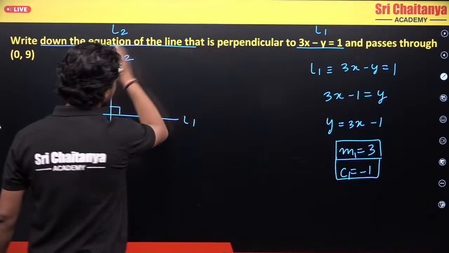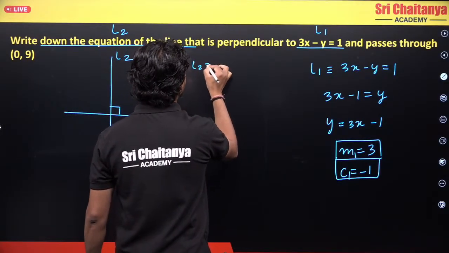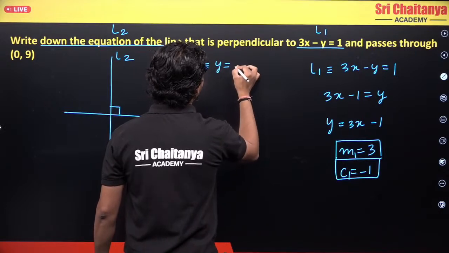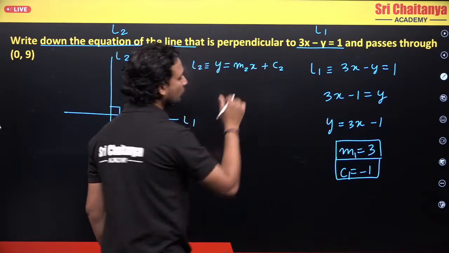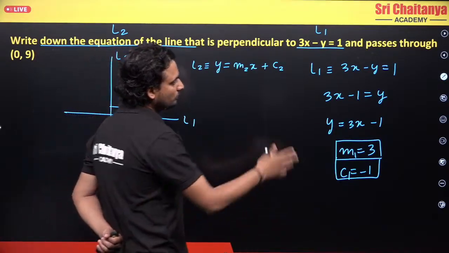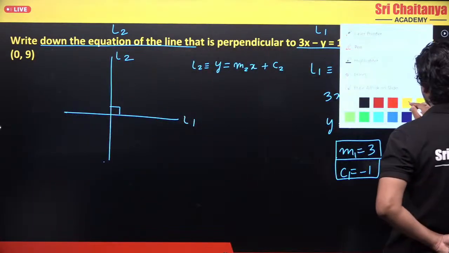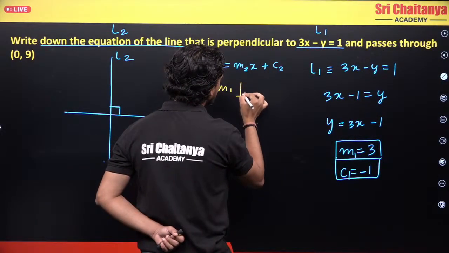So let's write the second equation. For the second line L2, what is the general equation? Y is equal to M2x plus C2. Why M2 and C2? Because it is my line L2 which I am talking about.